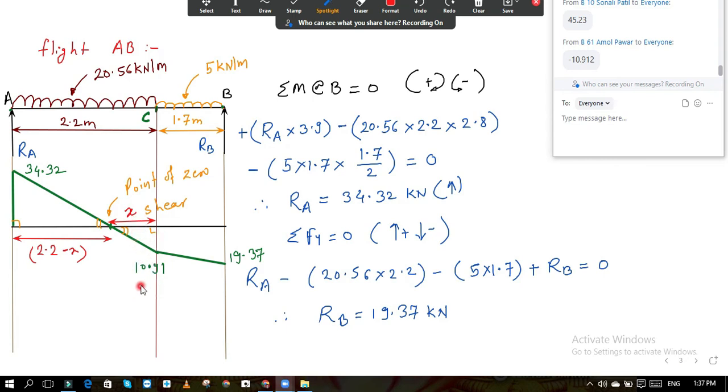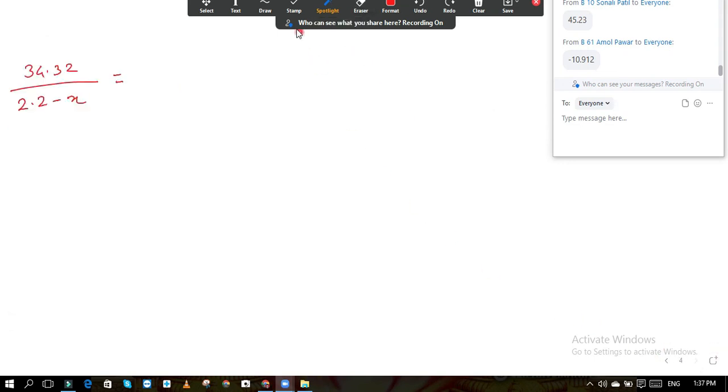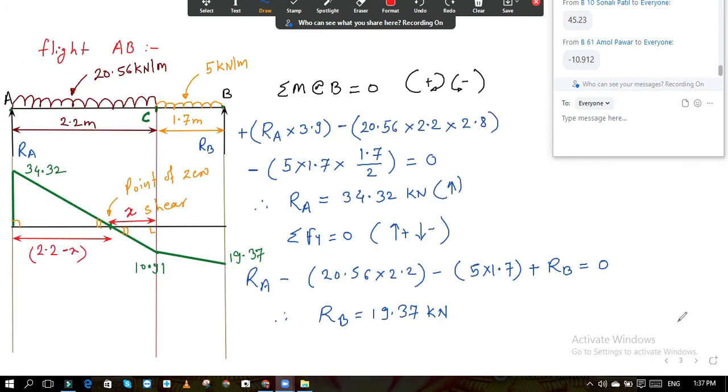So it must be equal to 10.91 by x. So solve it, and you will get the value of x, and x is measured from point C.